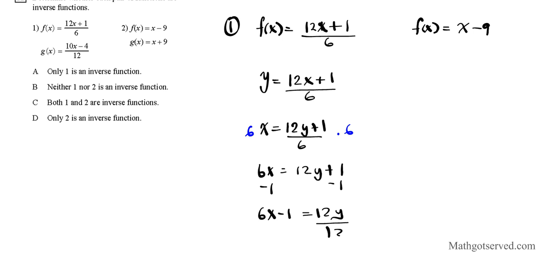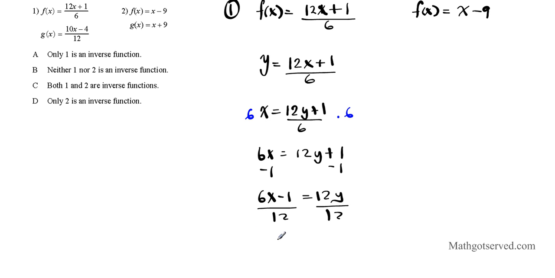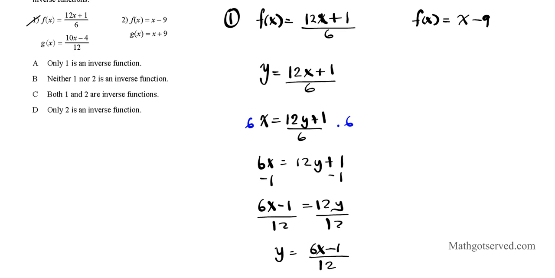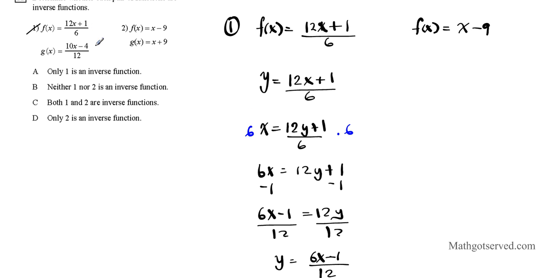Divide by 12 and I'll get the inverse. y equals 6x minus 1 over 12. Is that the same as this right here? Absolutely not. So 1 is not an inverse. These two are not inverses because we need 6x minus 1 over 12.